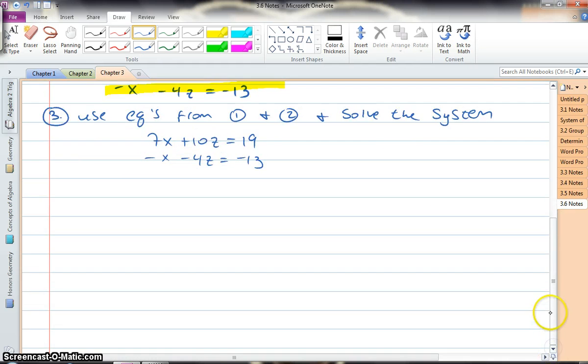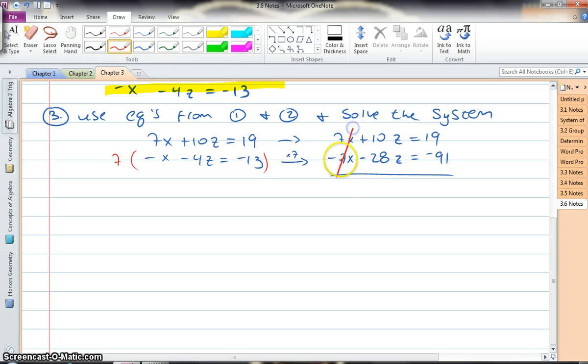Now we'll use what we know about solving systems of equations and solve that one. I'm going to multiply the bottom equation by 7 to eliminate my x's. So I have 7x plus 10z equals 19. Down here I multiplied everything by 7, so I got negative 7x minus 28z equals negative 91.